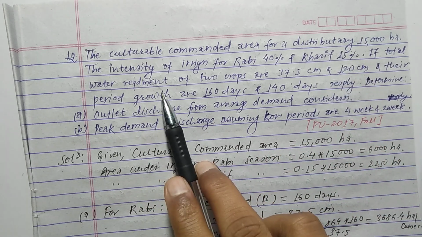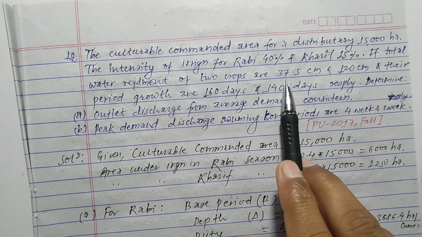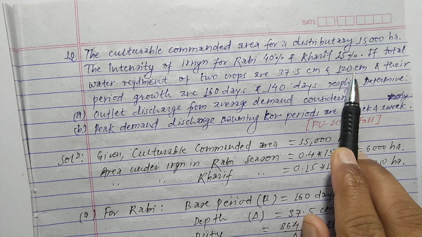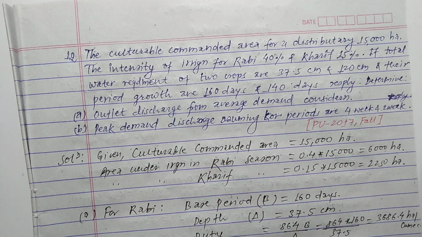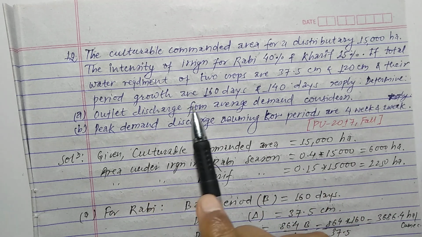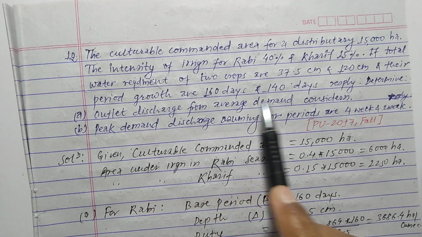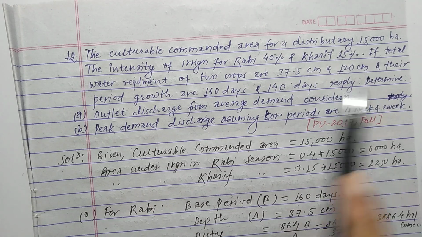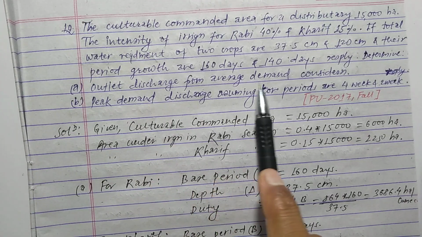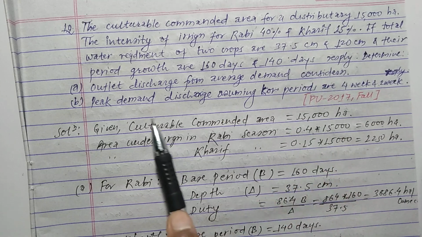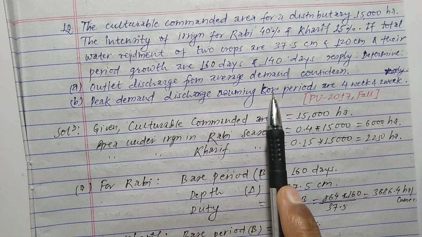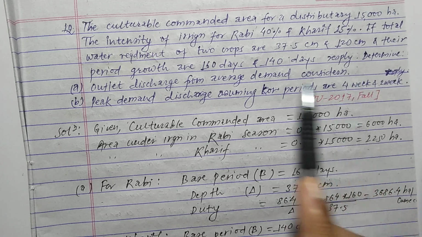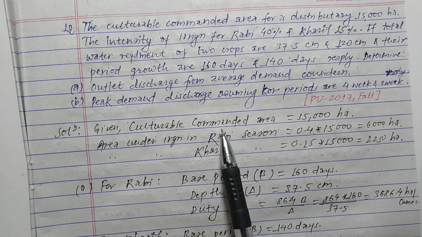If the total water requirements of the two crops are 37.5 cm and 120 cm, and their growth periods are 160 days and 140 days respectively, we have to determine the outlet discharge from average demand consideration and peak demand discharge, assuming core periods are 4 weeks and 2 weeks respectively.